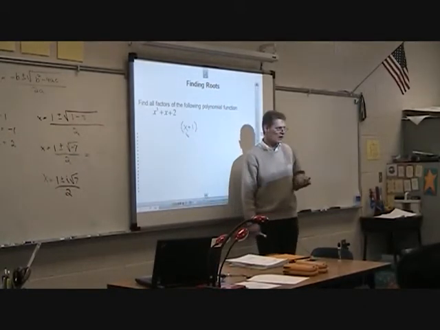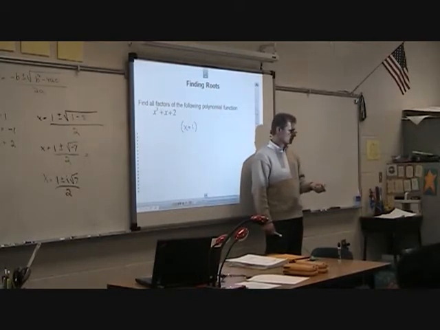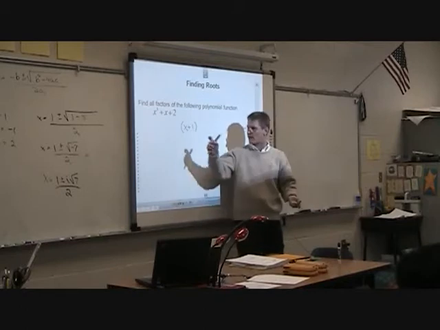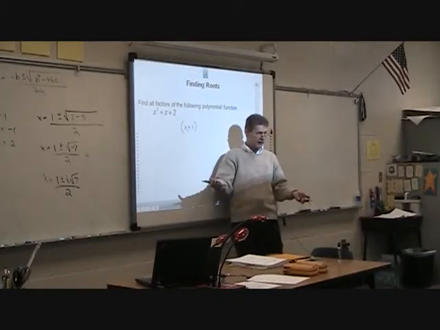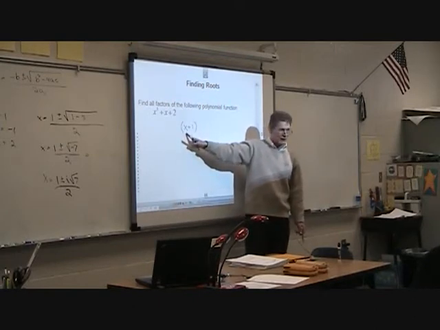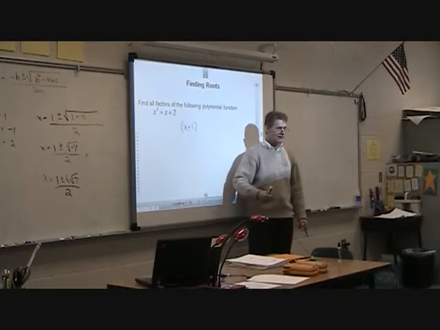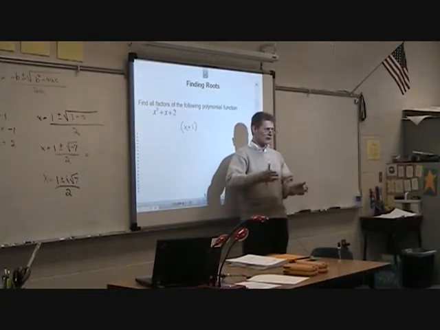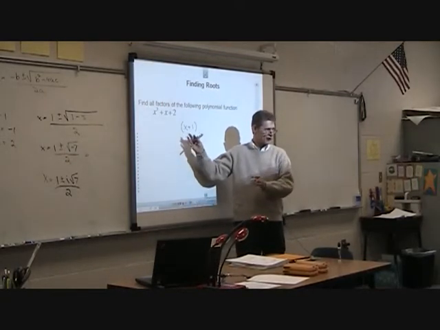Why is it x plus 1 and not x minus 1? Because minus 1 is a 0, so I have to write plus 1. If I plug a minus 1 into this, I get a 0, right? And it tells you that minus 1 is a 0 of the equation. So that's how you write it.